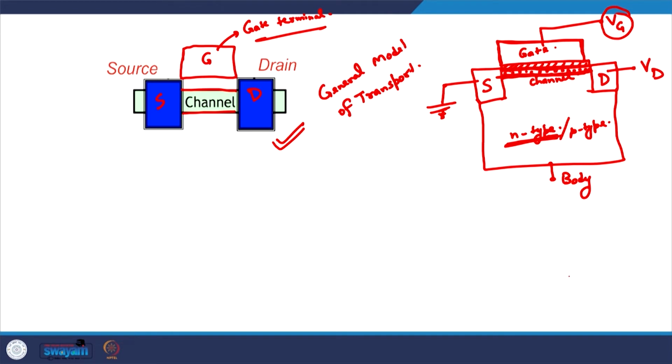Okay. And similarly, we might also have a p-type channel in which, on application of a positive gate voltage, we can have a thin layer of electrons just below the oxide. In that case the channel becomes conducting because of the electrons just below the insulating material.